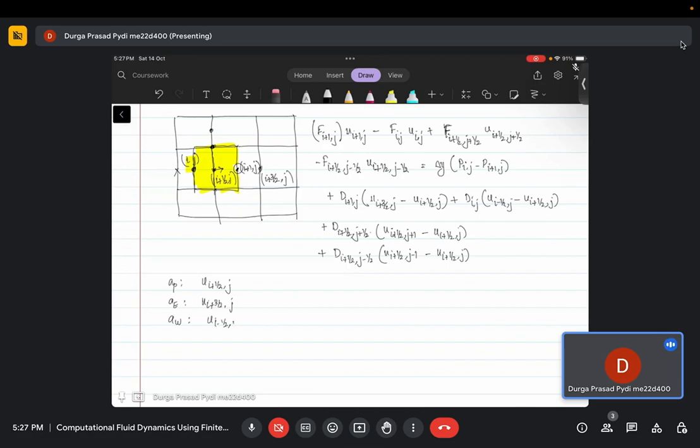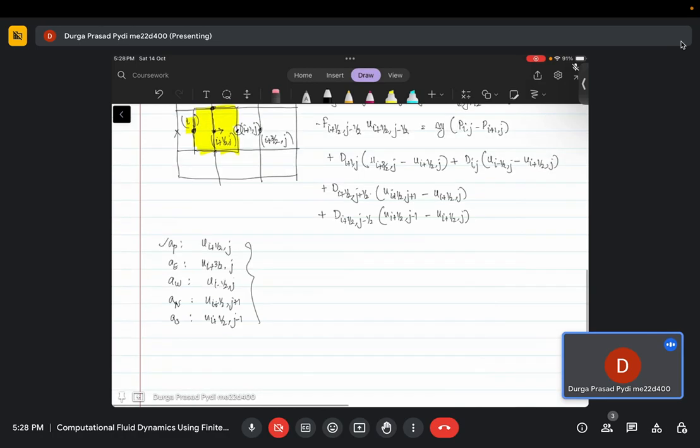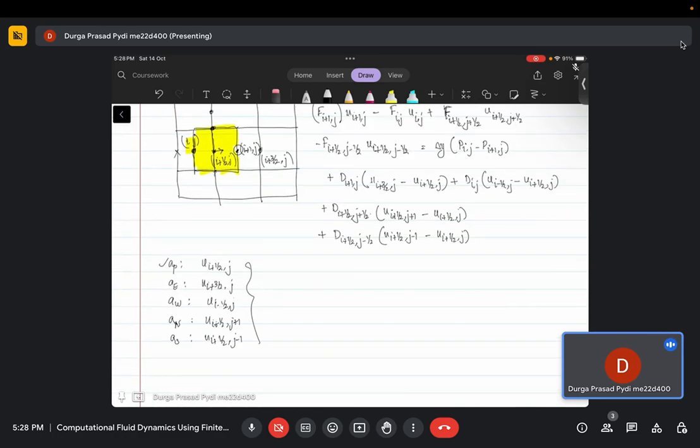A_N is i plus half, comma j plus 1, and A_S is the same with j minus 1. You need to collect the coefficients of these and then populate your A_P, A_E, A_W, A_N, A_S. The only problem now is how you get your F.